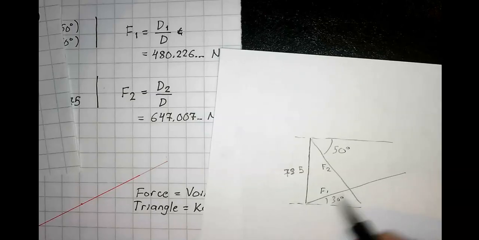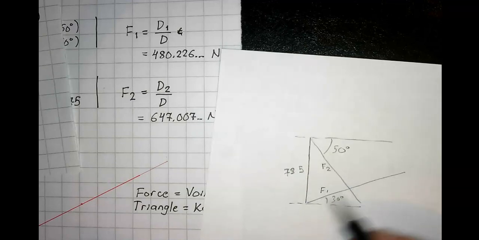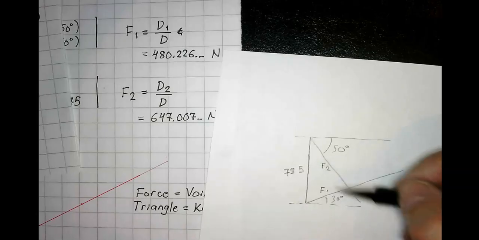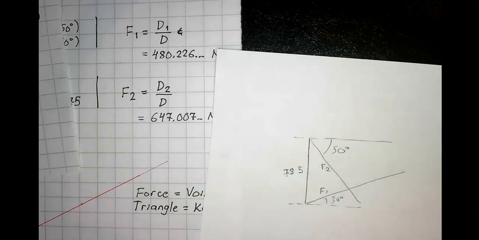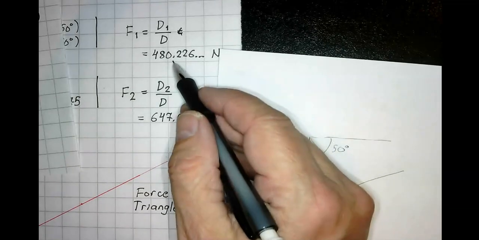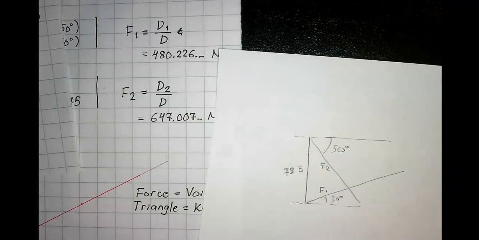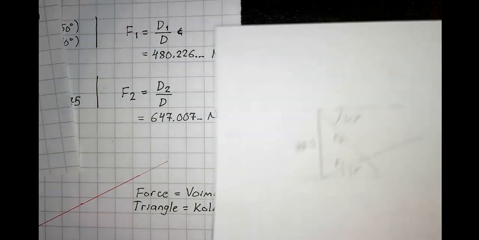And F1 is maybe a little bit longer than half of that force, so I would approximate maybe 400 or 450 newtons. As we see, it is 480. So with this very easy and fast method, we may be quite sure that we have calculated the problem correctly.